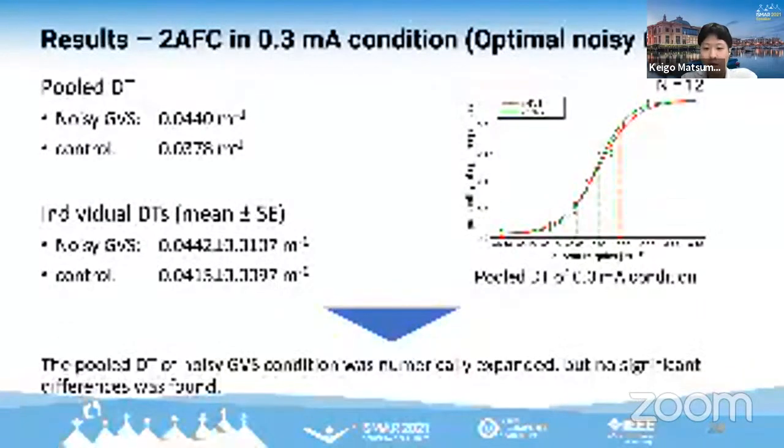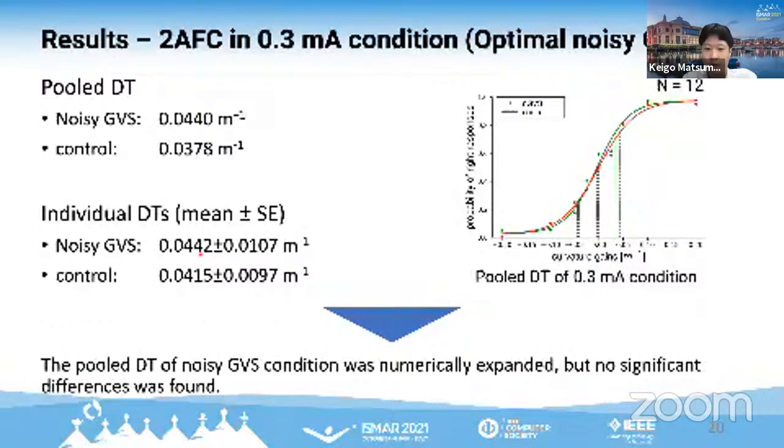Meanwhile, the mean individual detection threshold in the noisy ZBS condition was 0.442, and in the control condition, it was 0.415. So the results show that the pooled detection threshold of the noisy ZBS condition was numerically expanded, but no significant differences were found.